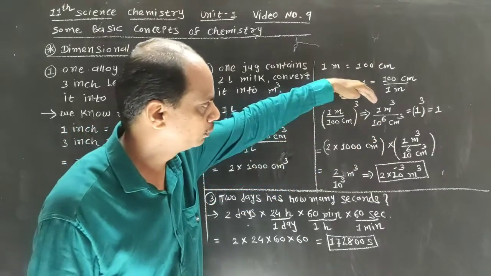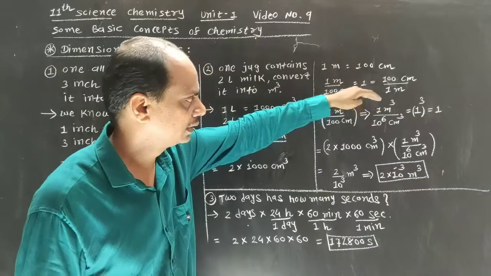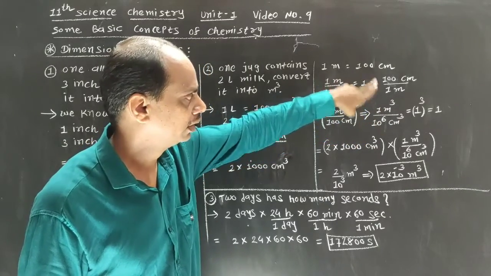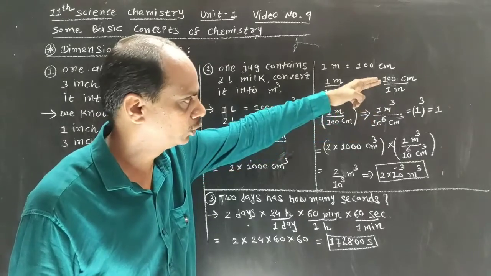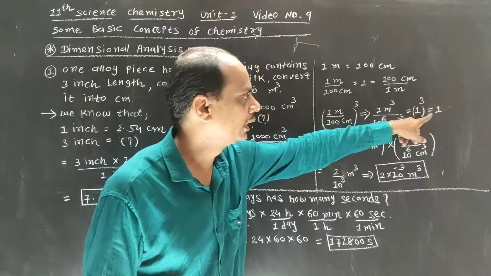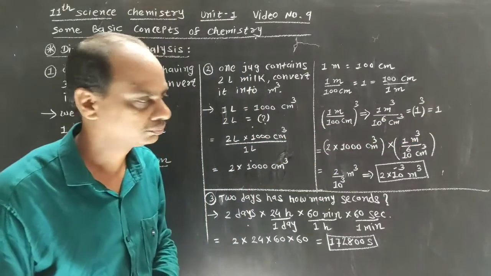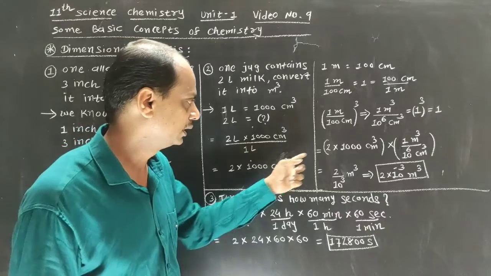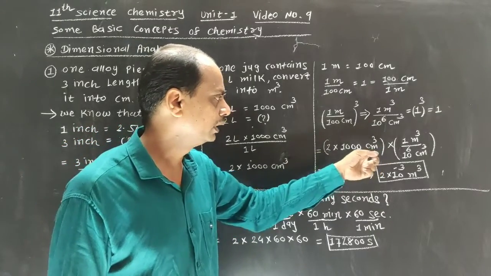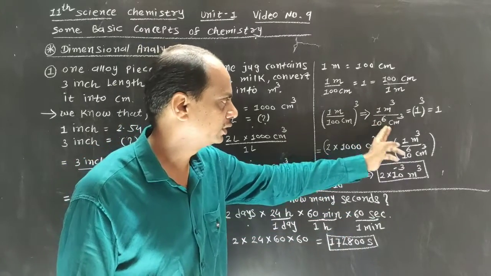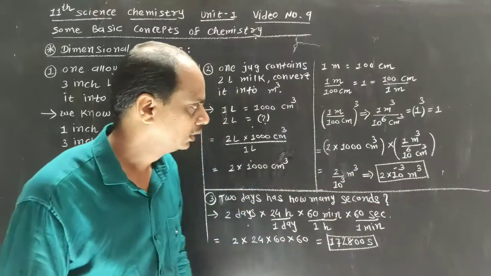Now if we put in the values, 100 cubed means 10 raised to 6 centimeter cube, and the whole answer is 1. Here our answer is 2 into 1000 centimeter cube multiplied by this 1, meter cube over 10 raised to 6 centimeter cube.